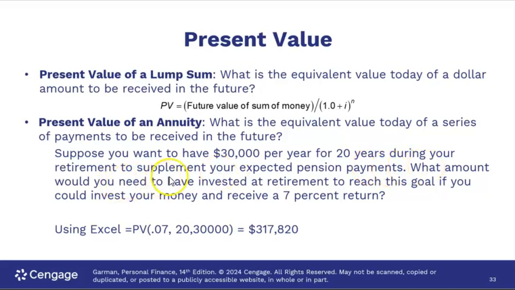What amount would you need to have invested at retirement to reach that goal if you can invest your money at 7%? So in Excel, it would be equals PV, 0.07, the rate, 20 is the number of payments that you want to receive, and then $30,000 is the amount of the payment. So you would have to have $317,820.